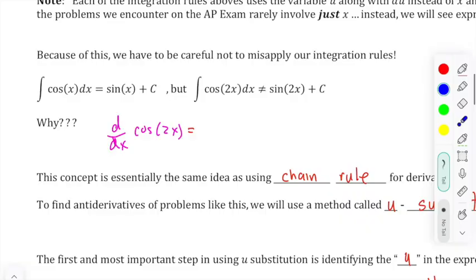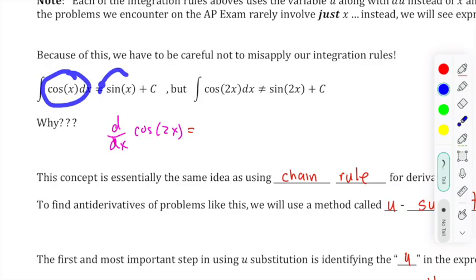So when you're integrating, make sure it's always in the form where you just have an x inside. If not, if it has like a 2x inside, you cannot say the integral of cosine of 2x is equal to sine of 2x. And it's because of the chain rule.